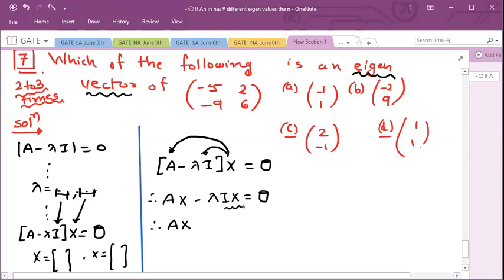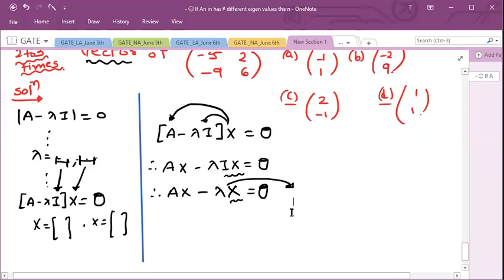Now I into x, we all know that I is the identity matrix for matrix multiplication, so it is going to give me x only, is equal to O. This minus lambda x will go to that side, so Ax will become lambda x.